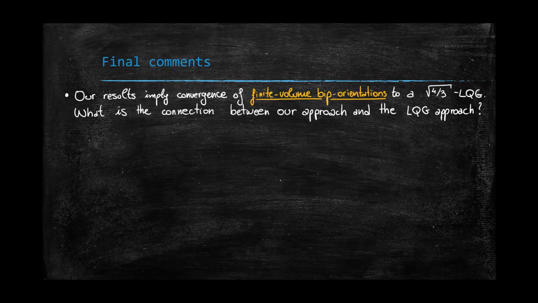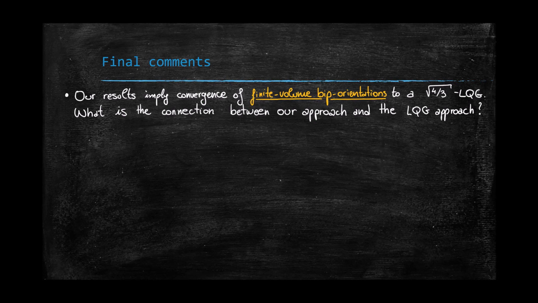First of all, let me clarify that our results imply convergence of finite volume bipolar orientations to a square root of 4/3 Liouville quantum gravity. In particular, this is a generalization of the results that we saw of Gwynne, Holden, and Sun. Let me also underline that this convergence holds jointly for the primal and the dual map.